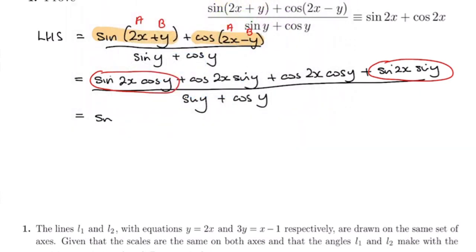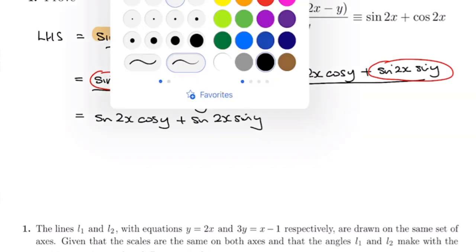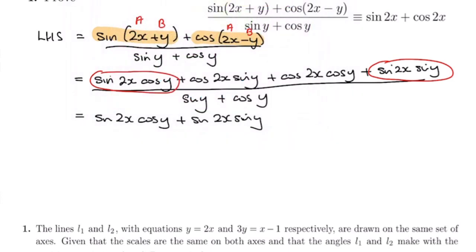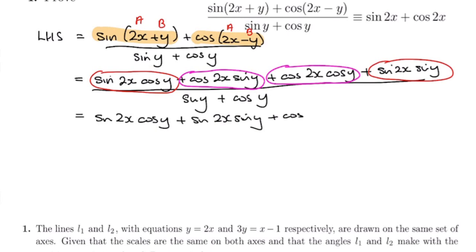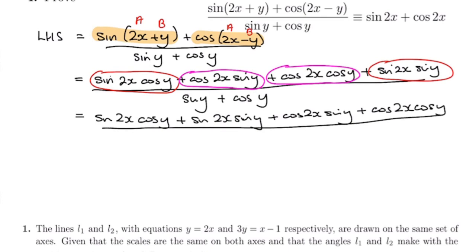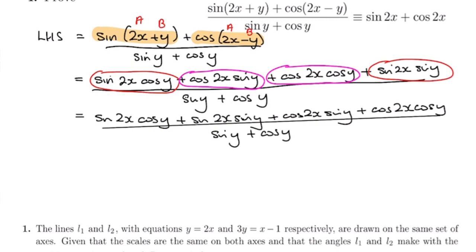So this is sine 2x cos y plus cos 2x sine y. And then I'm going to put these two together. Now you could have done this in one fell swoop, but I want to make sure everybody's happy on that one. So this is plus cos 2x sine y plus cos 2x cos y. And again, that's all over sine y plus cos y.